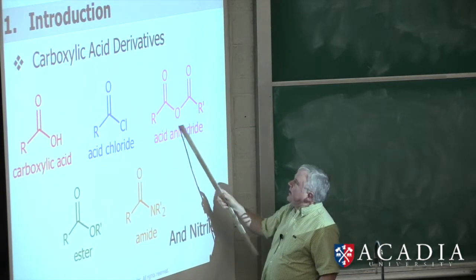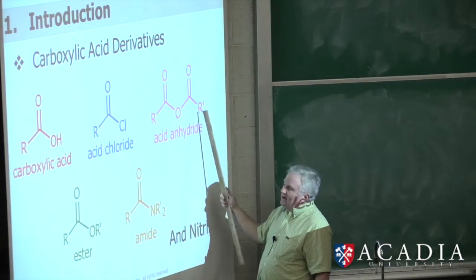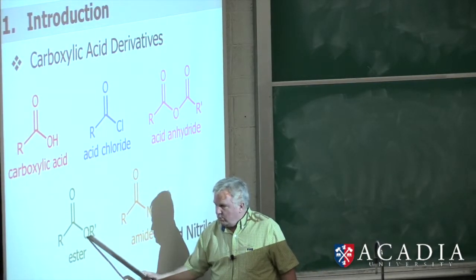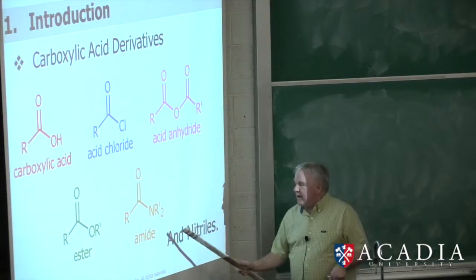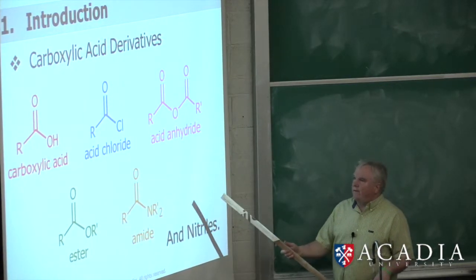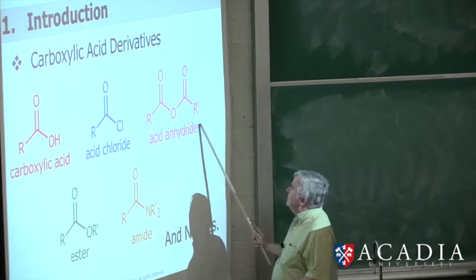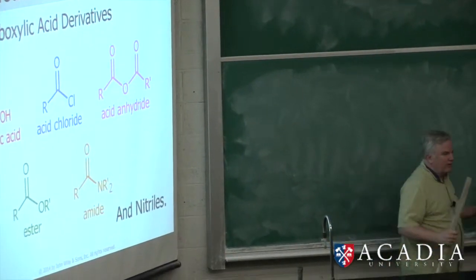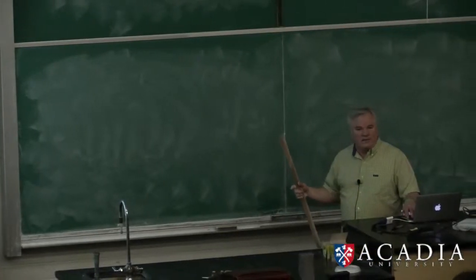Here we've replaced it with another part of an acid. We've replaced it with what is the negative part of an alcohol or an amide. So these things are all derivatives. We've just replaced this OH with something else. Nitriles are also carboxylic acid derivatives, but they're slightly different, and so we'll deal with them a little bit separately.